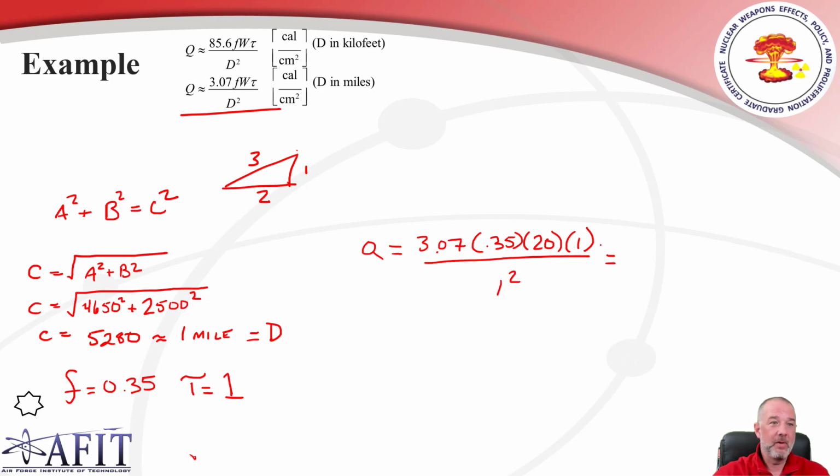And so then we're going to get a total value of our thermal energy at 21.5 calories per square centimeter. Okay, that's pretty much it.